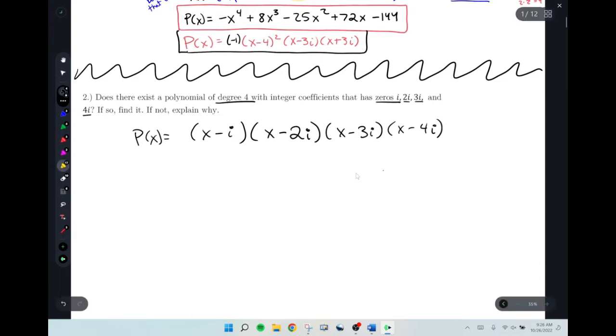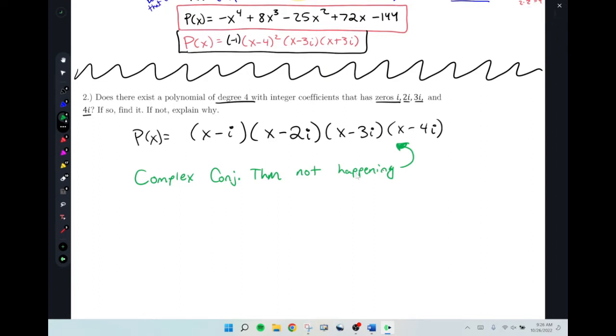So either one of two things is happening here. Either, what's that thing called? The complex conjugate theorem? Either the complex conjugate theorem is not happening here, correct?